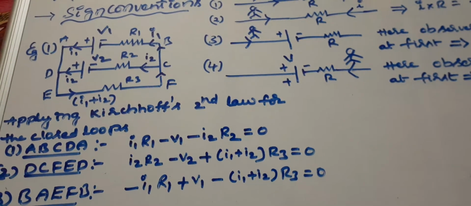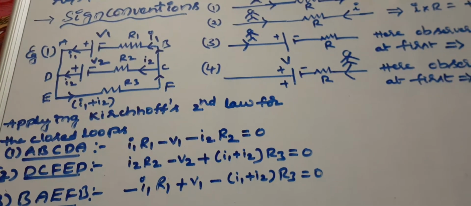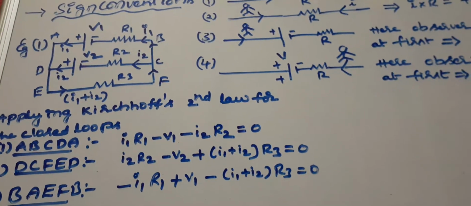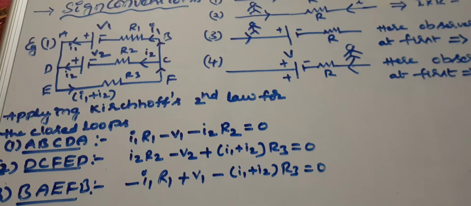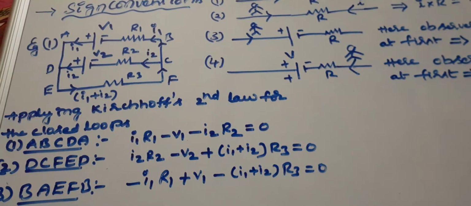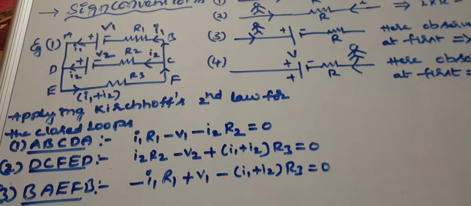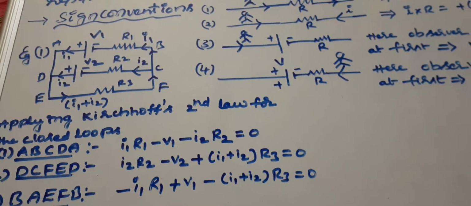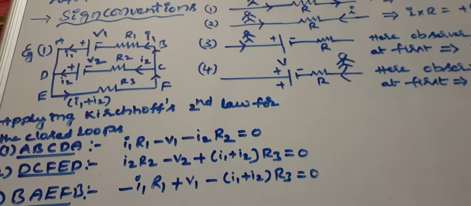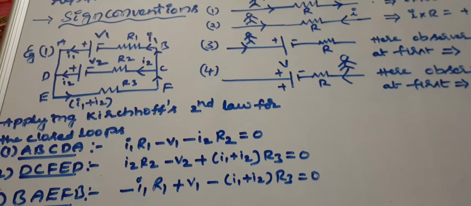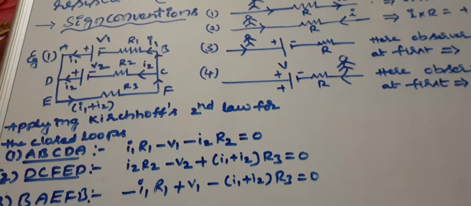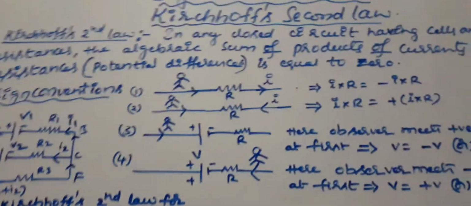During this time the observer touches the first negative electrode, then the positive electrode, so plus V1 is taken. Then A to E, along the direction, so minus current into resistance: minus I1 plus I2 into R3. So these are the sign conventions, students.